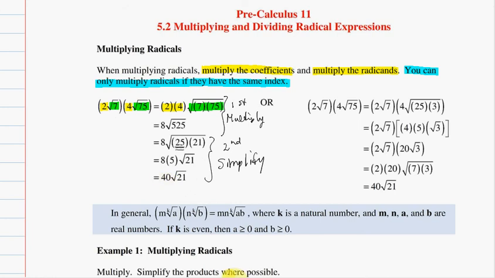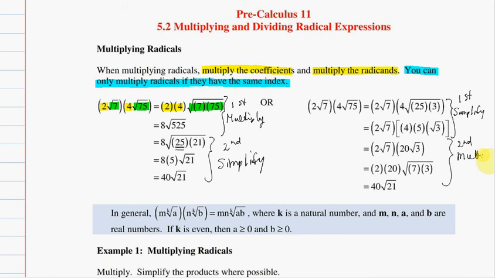The second method is where you first simplify, and secondly multiply.